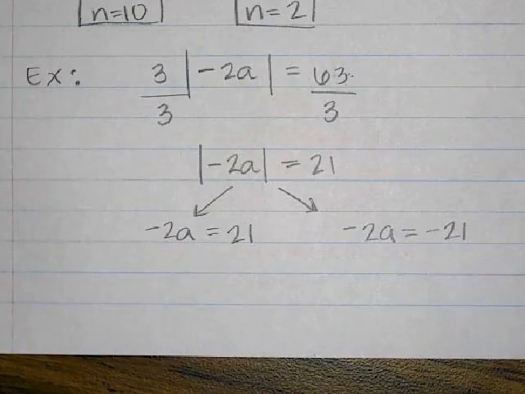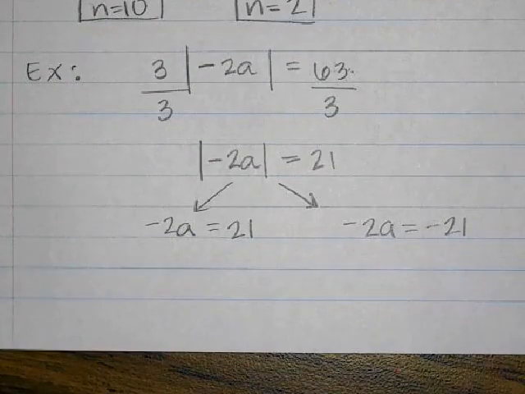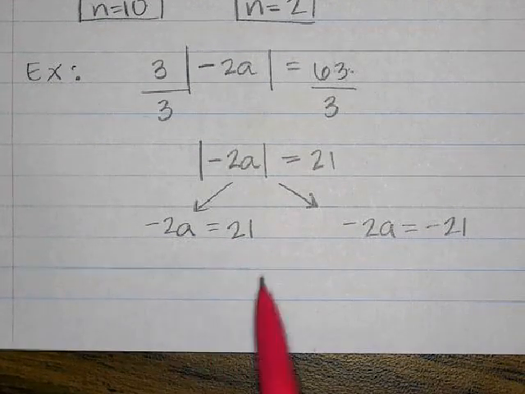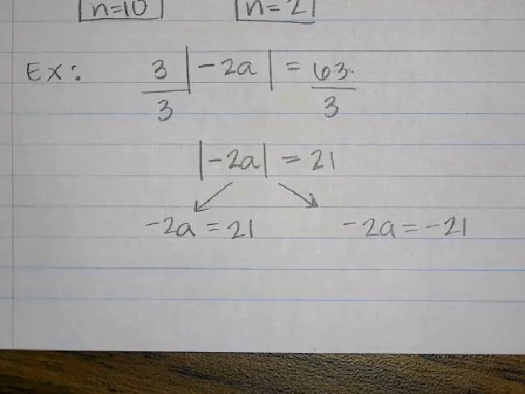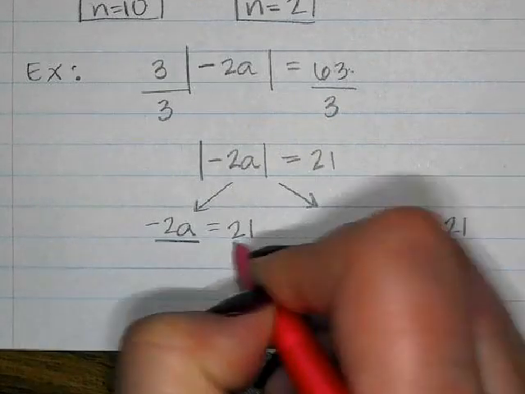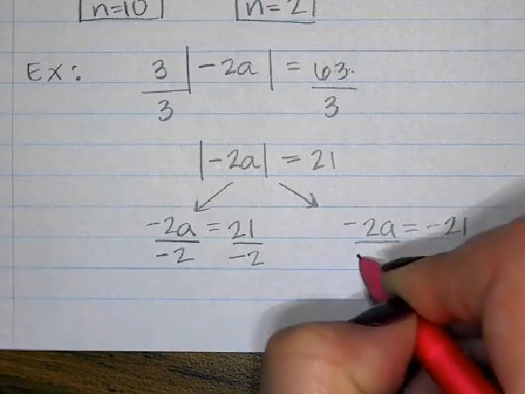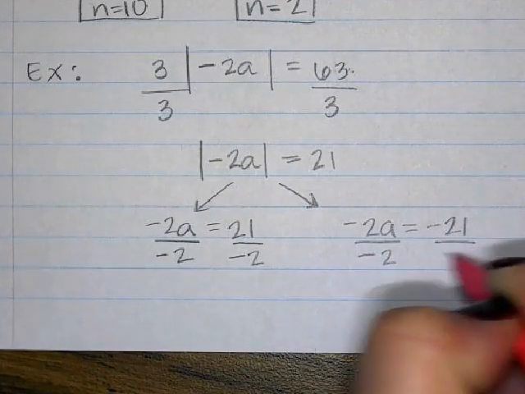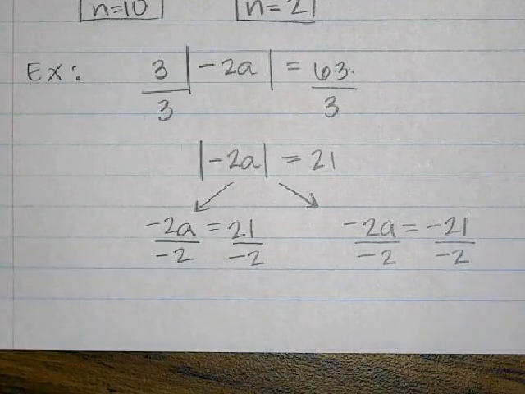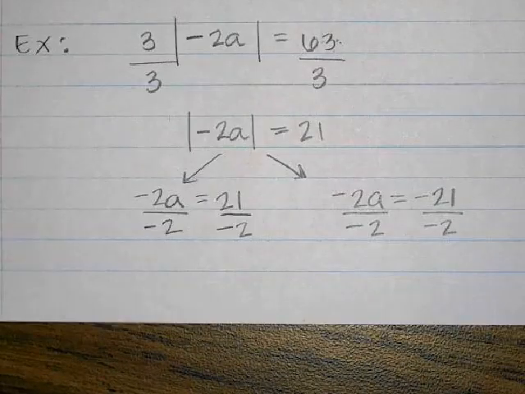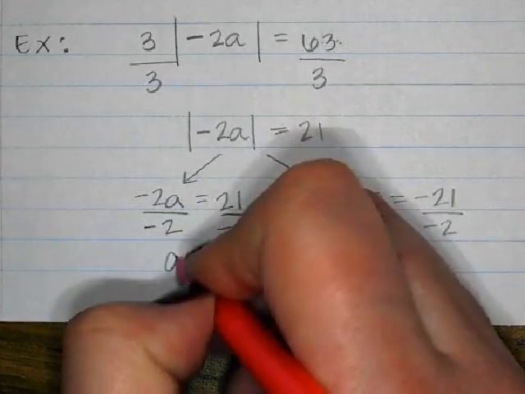So now, what do I need to do to solve this problem? Divide by negative 2. And you can either leave these answers as fractions, or you can do decimals. These are really nice decimals if you divide them. So fractions or decimals are fine for this problem.